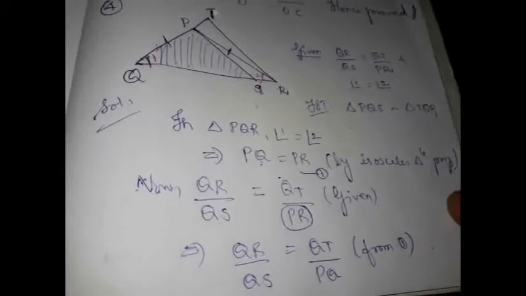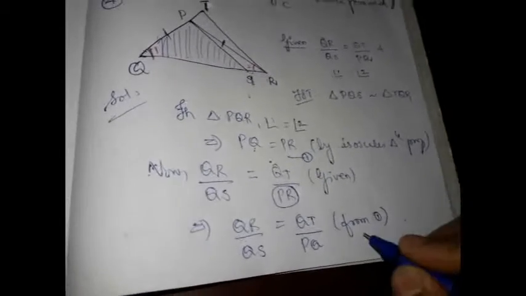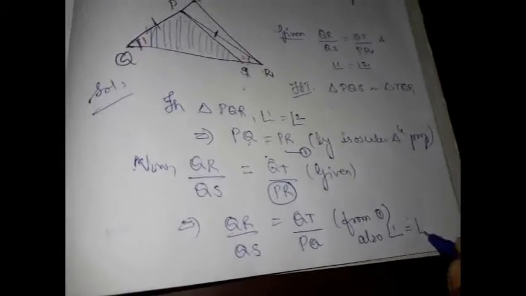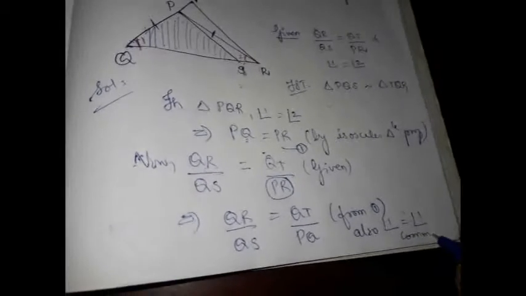Therefore, angle 1 has become a common angle, so we can very well go with SAS similarity criteria. These two triangles will become similar. So, how will you write? This we got, and also angle 1 is equal to angle 1, which is common angle.